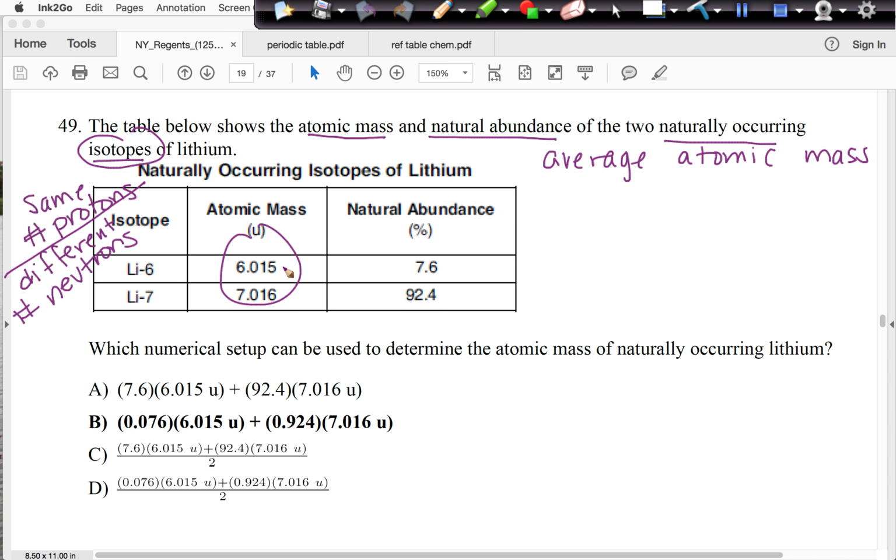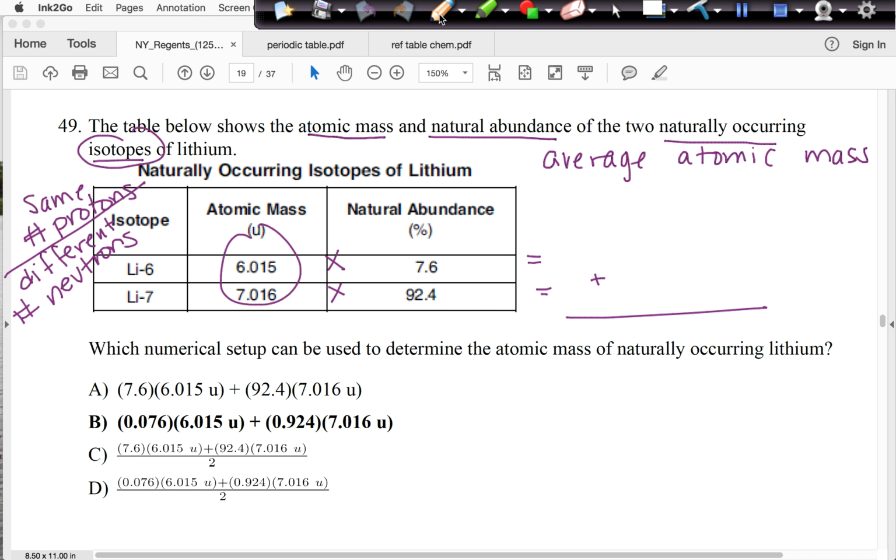We are going to take the mass times the percent and get a number, the mass times the percent and get another number, and we're going to add this up. We can either do this by writing the actual percent sign, so 6.015 times 7.6% and then getting a number, 7.016 times 92.4% and getting a number.